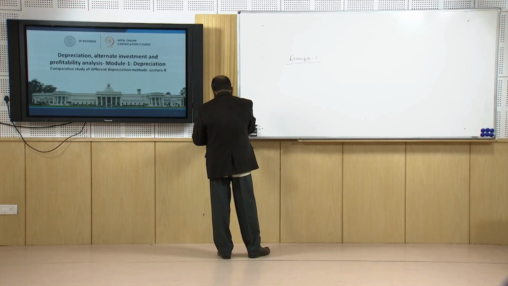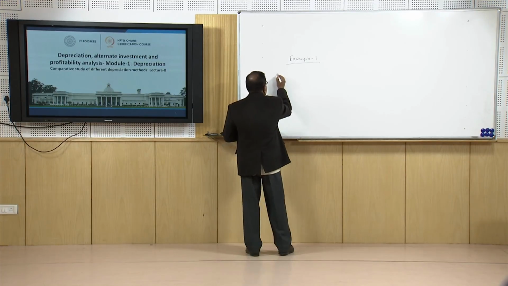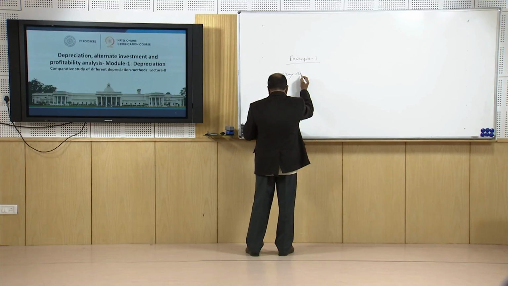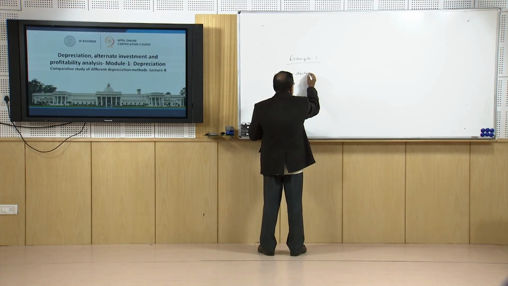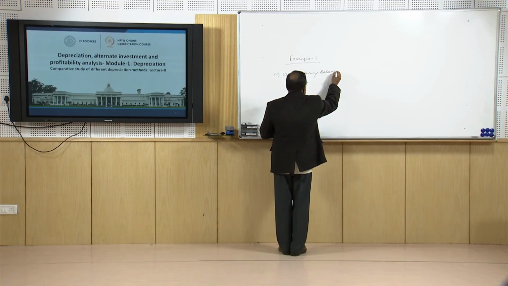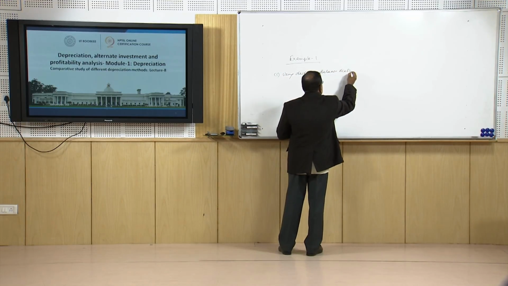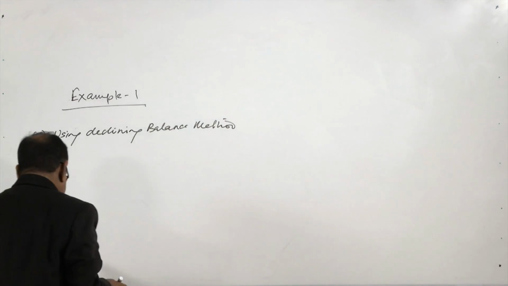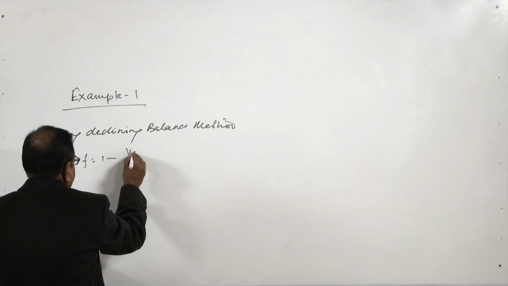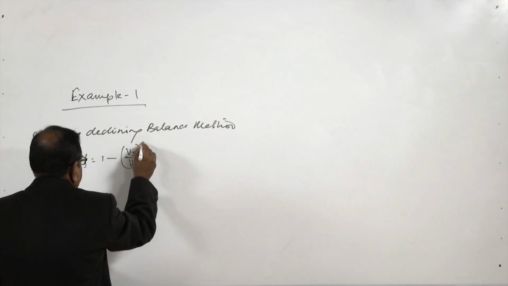Now using declining balance method, C part, f is equal to 1 minus (vs by v) to the power 1 by n.